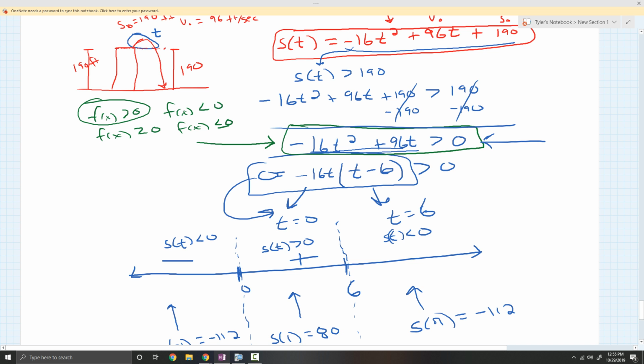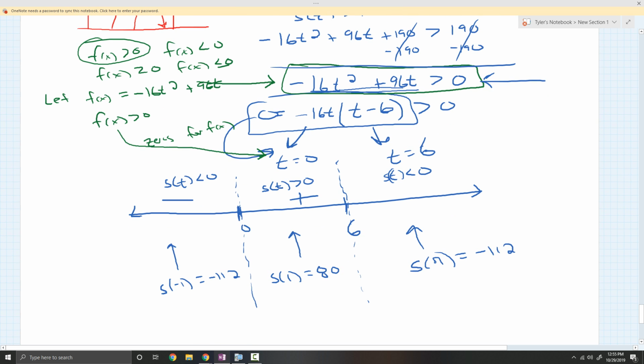So if we let f of x be equal to negative 16t squared plus 96t, then what I'm trying to solve in the inequality is when is f of x bigger than 0. What I found is these are the zeros for f of x. So then I should be plugging in these values into f, not s.